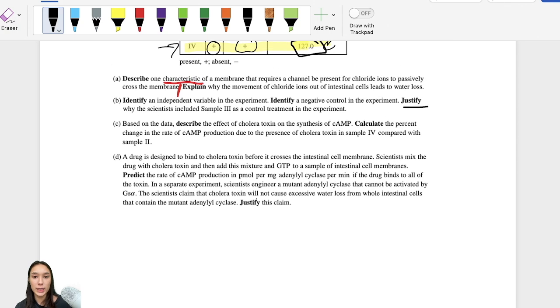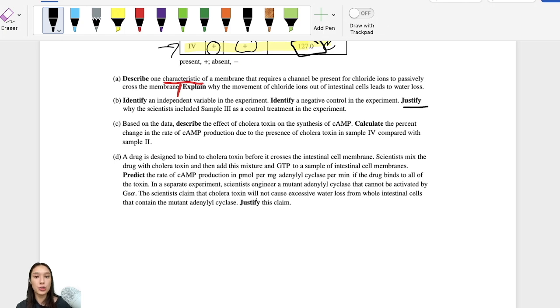Okay, so D says a drug is designed to bind to cholera toxin before it crosses the intestinal cell membrane. Scientists mix the drug with cholera toxin and then add this mixture and GTP to a sample of intestinal cell membranes. Predict the rate of cyclic AMP production in picomole per milligram adenylyl cyclase per minute if the drug binds to all the toxin.